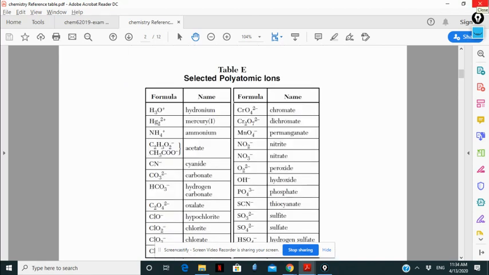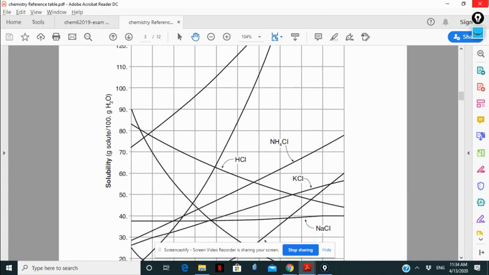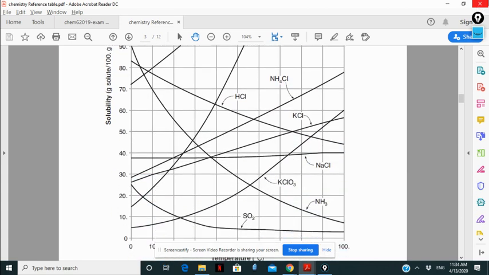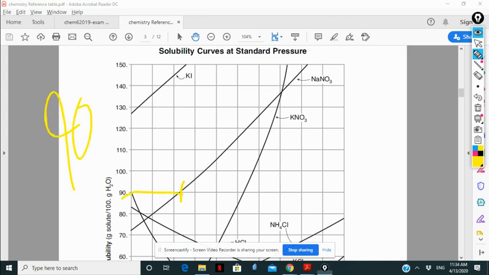I need it at 23 degrees. So almost at this intersect, I can dissolve 90 grams. I have 85, so I have to add 5 grams.